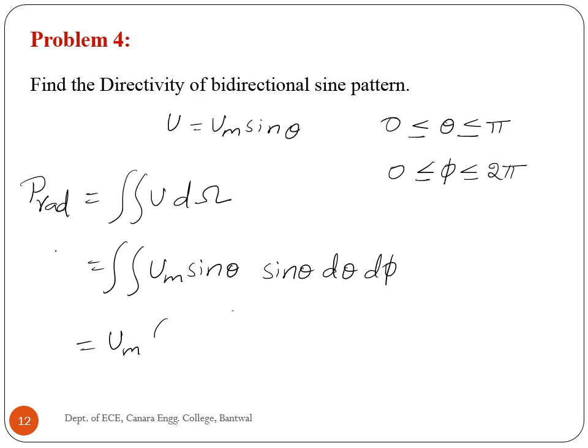So integral of d phi, limit phi is equal to 0 to 2 pi, integral of sin theta into sin theta, that is sin square theta, d theta, theta 0 to pi. Radiated power is equal to 2 pi Um.